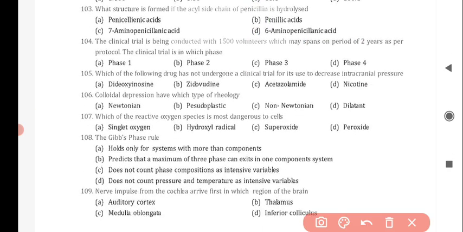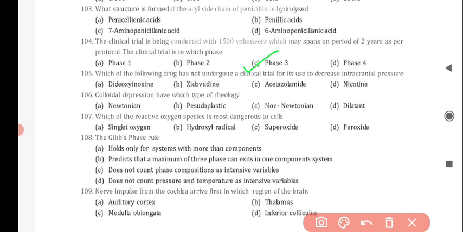Next question is, the clinical trial is being conducted with 1500 volunteers, which may span a period of 2 years as per protocol. The clinical trial is in which phase? And the correct answer is option C, phase 3.